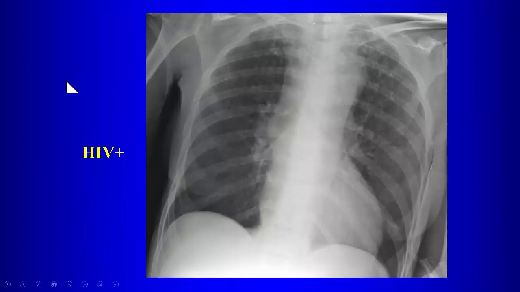Okay, HIV positive. What's going on in this chest radiograph? Ill-defined opacities up here. Yeah, that's true. Anything else? The mediastinum? Yeah, what's wrong with the mediastinum? The mediastinum looks kind of wide, so you interpret that as maybe lymphadenopathy?